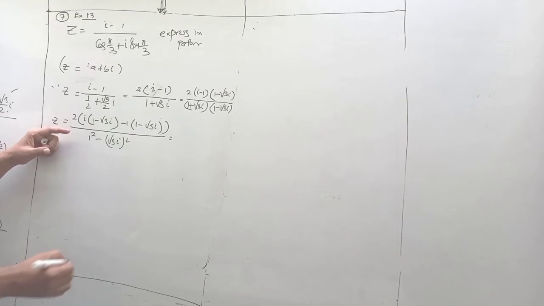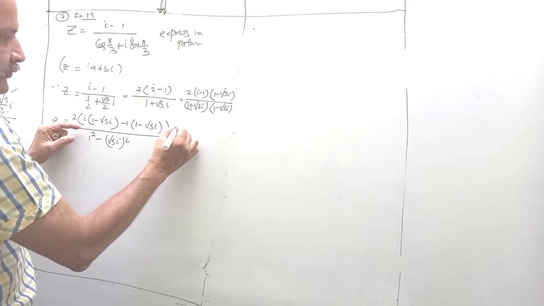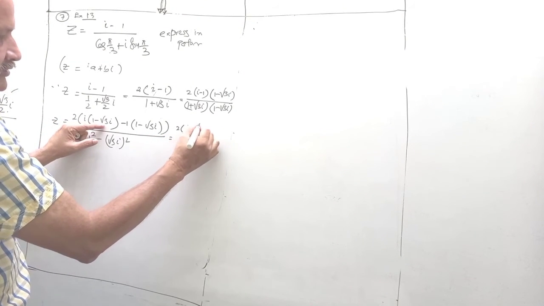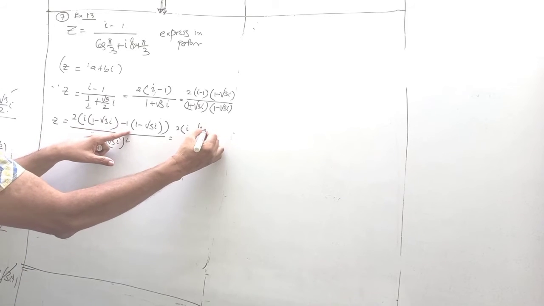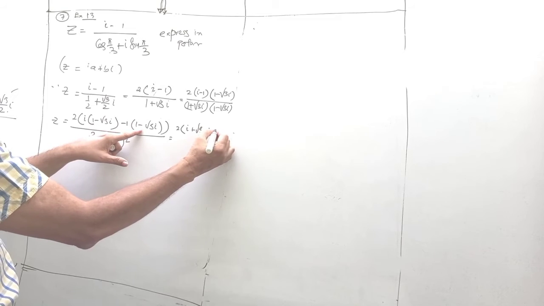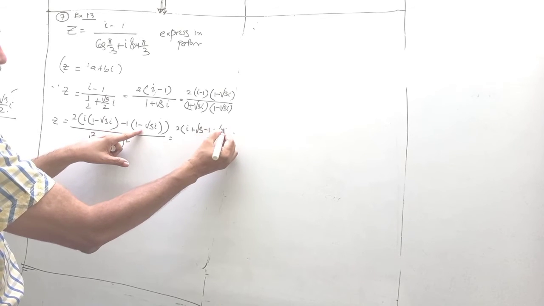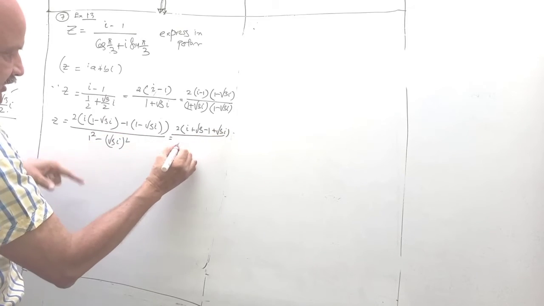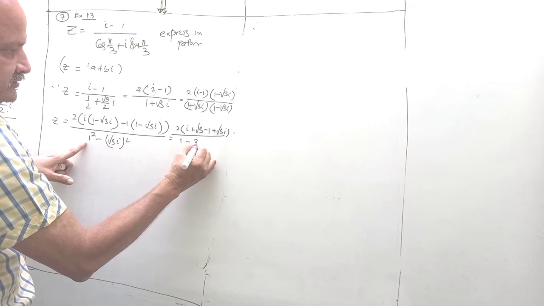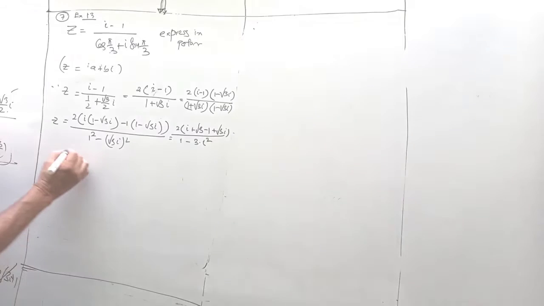So we are getting here 2i plus root 3 minus 1 plus root 3 i divided by 1 minus 3 into i square.